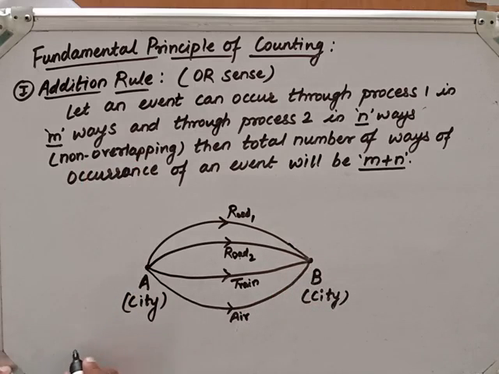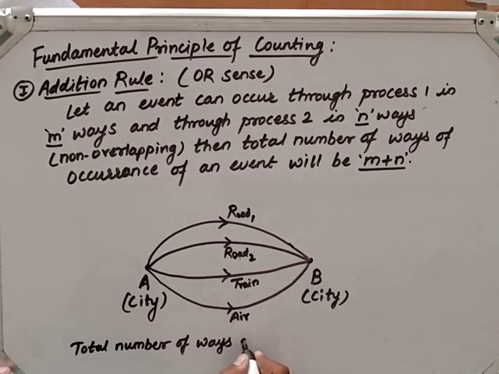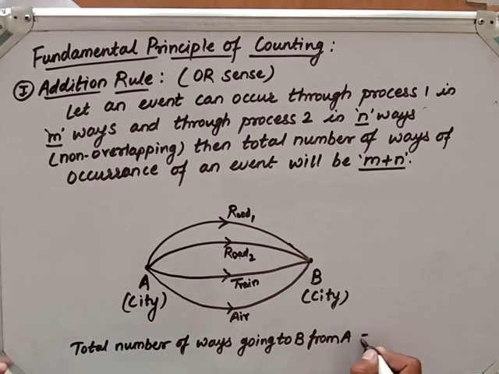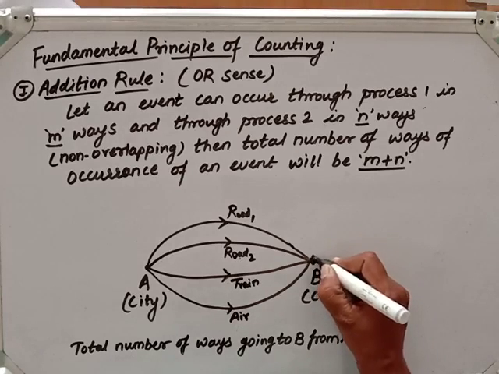So I can write here the total number of ways of going to B from A are how many? 4. Now from this we can say something.